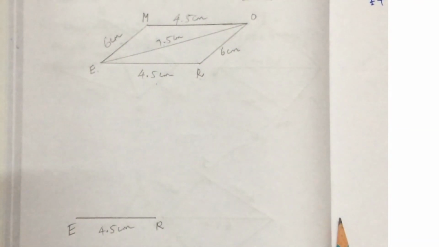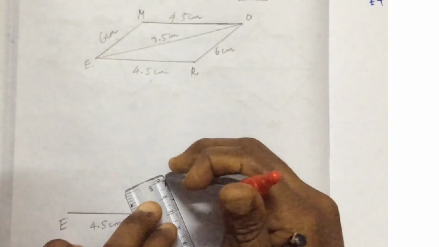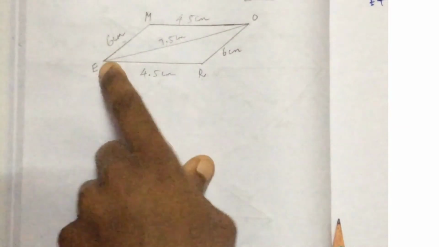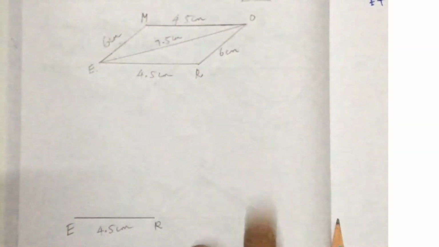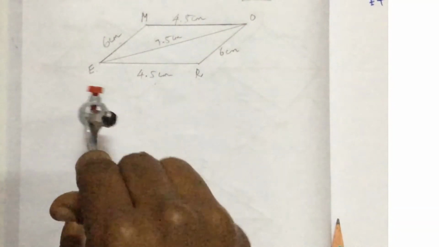Now what I should do is, with E as center, cut this 6 centimeter here. Now we can see this is also 6 centimeter and this is also 6 centimeter. So with E as center I am drawing an arc of 6 centimeter.